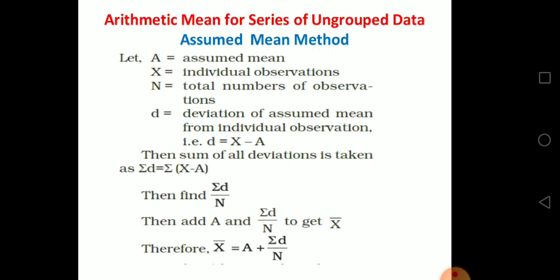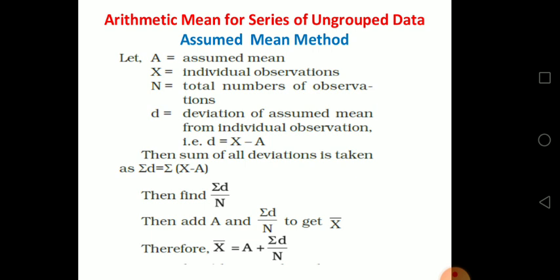The sum of all deviations is then taken, which is summation x minus A, or sometimes summation D. So then when you get this ratio of the sum of the deviations and the number of observations, you add it together with the assumed mean, and that gives us the arithmetic mean.